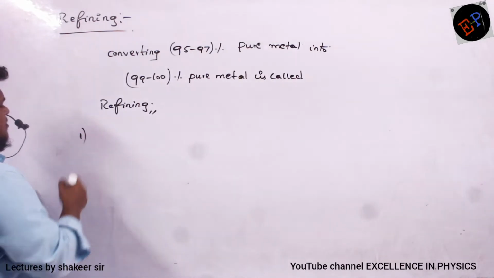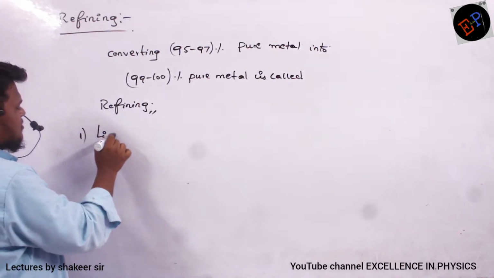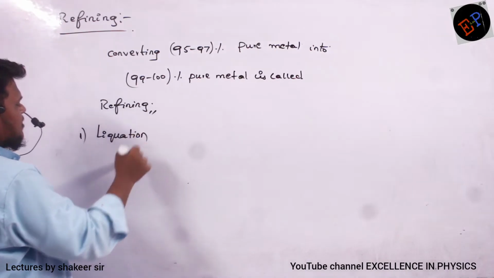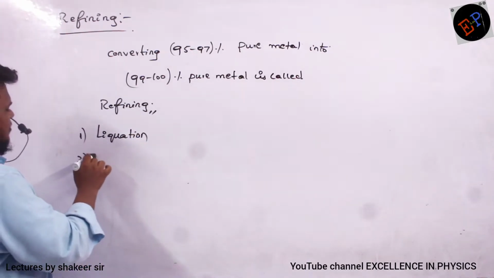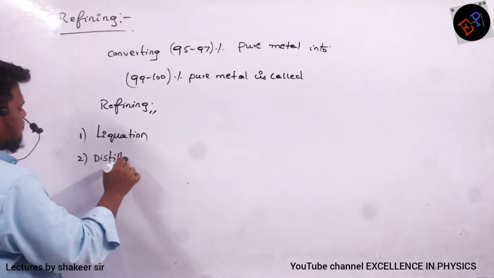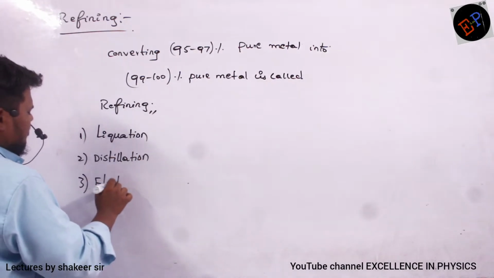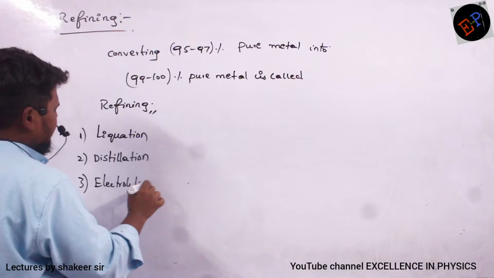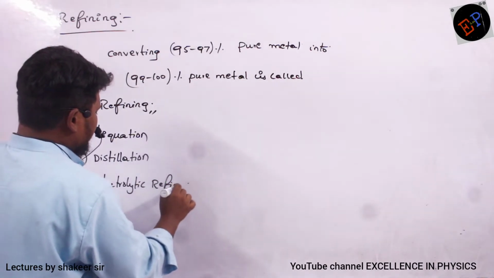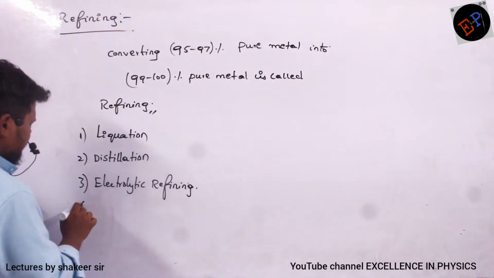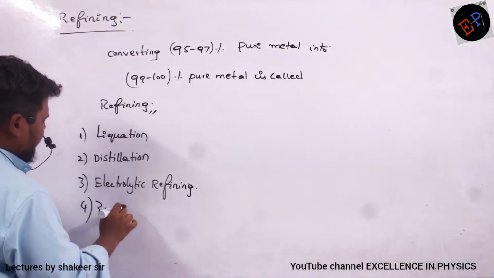So how many methods of refining are there? First one is called as liquefaction. Second one is distillation. Third one is called as electrolytic refining. Fourth one is called as zone refining.